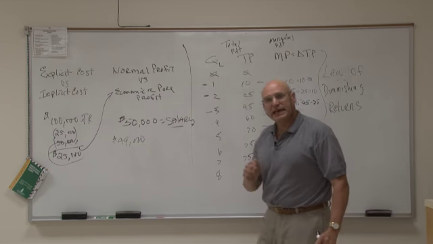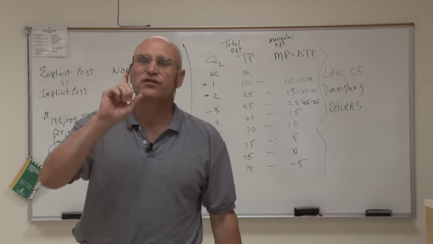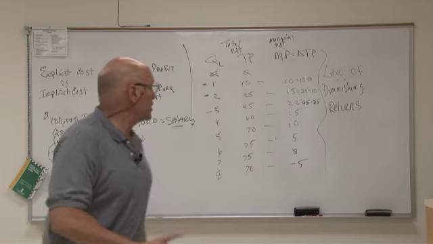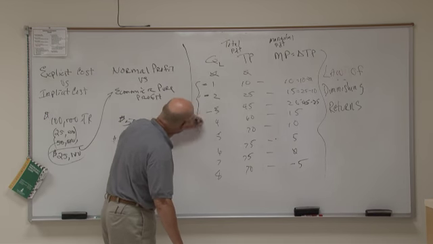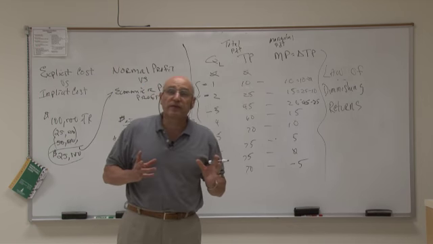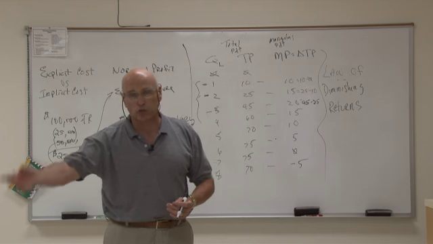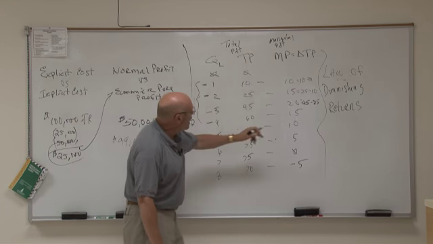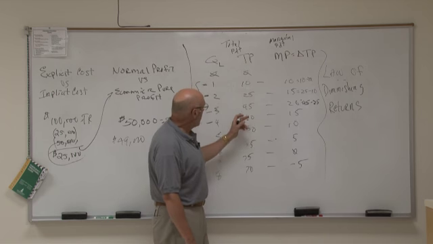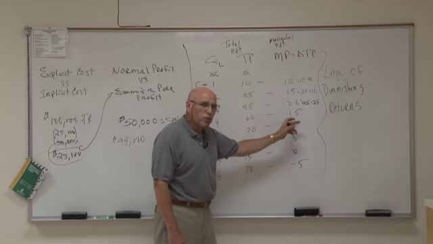So you can see that the extra product that I get continues to increase for a while. Because right now what's happening is these people are starting to absorb some of the duties. I now have a cook, I now have a waitress, I have a dishwasher. But when I get to the fourth worker, I realize that my total product went up to 60, my marginal product went up 15.